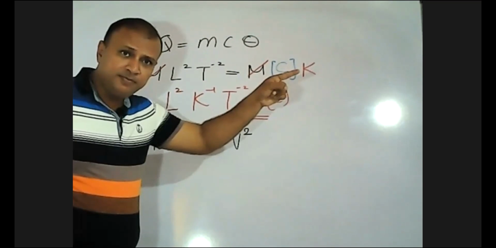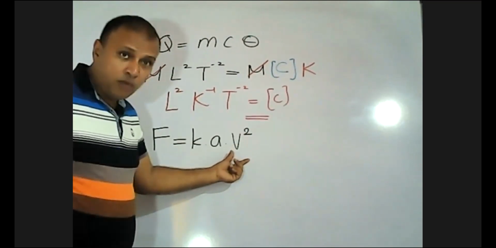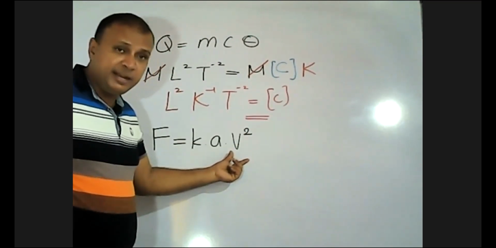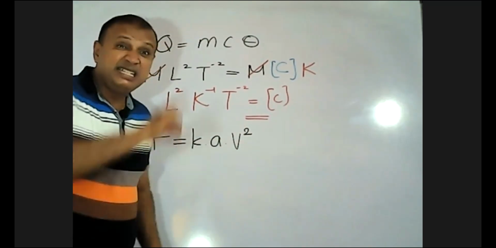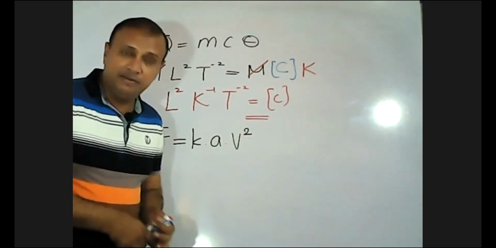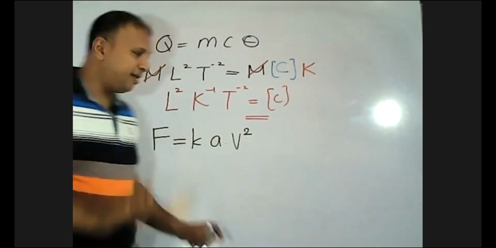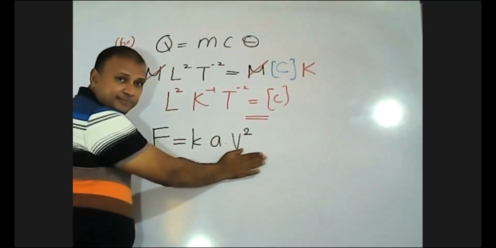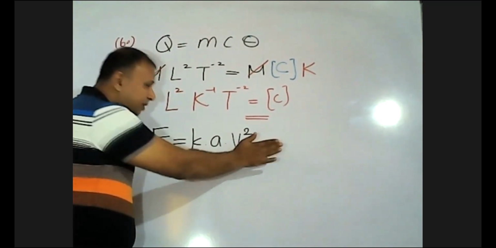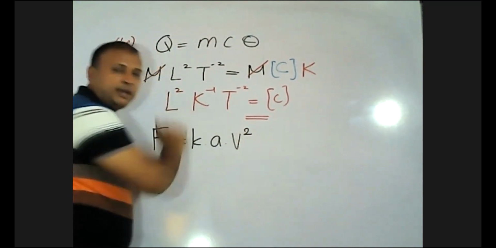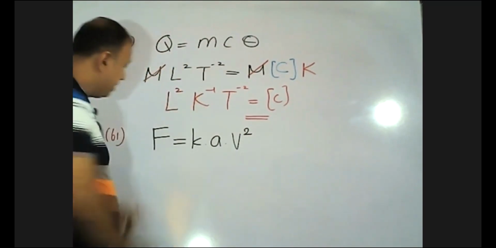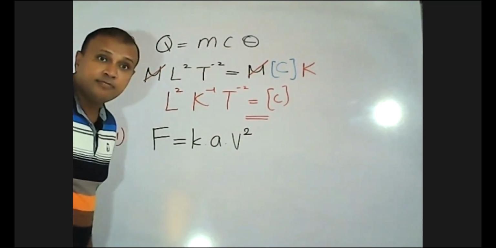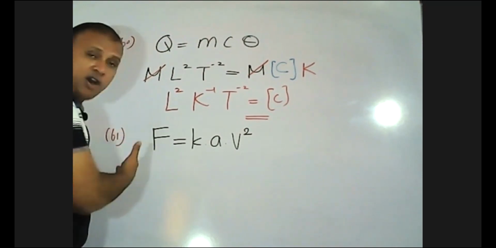So if I get the square of velocity, there will be T minus 2. In the right hand side, there will be T to the power minus 2 here. Look at the left hand side. It is force, no?